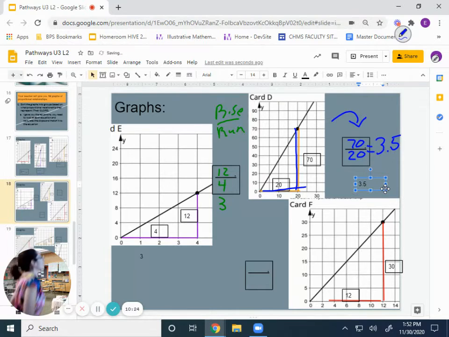Okay, now let's take a look at this last one, card F on the slide. Rise over run. My rise is 30. My run is 12. If I type that into my calculator, what do I get? 30 divided by 12 gets me a quotient of 2.5.